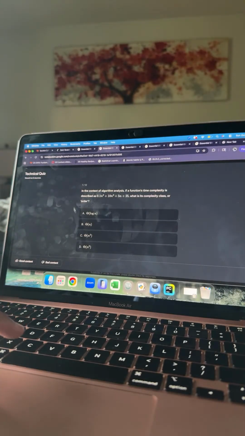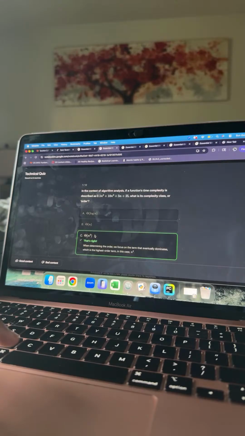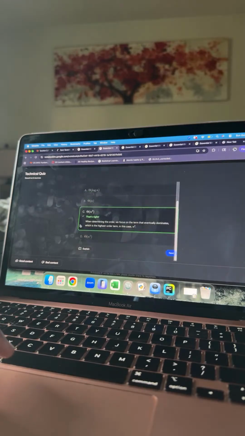I think omega n^3 seems the most fitting because the order starts off with the highest degree. But if I'm mistaken, I completely understand. Okay, I guess that's right. So when determining the order, we focus on the term that eventually dominates, which is the highest order term, in this case n cubed.